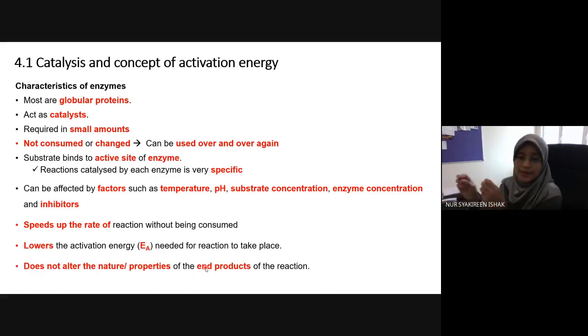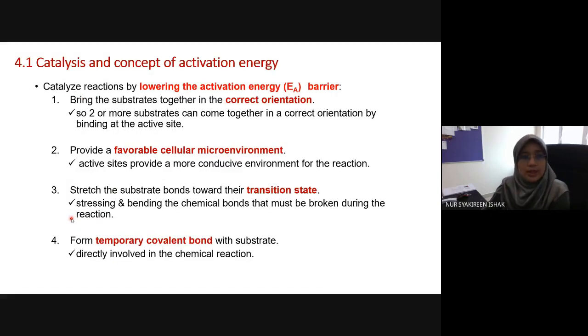But without enzyme, the reaction will take a longer time to occur, because the substrate needs to absorb, for example, thermal heat from the surrounding in order to overcome the activation energy barrier to start the chemical reaction.